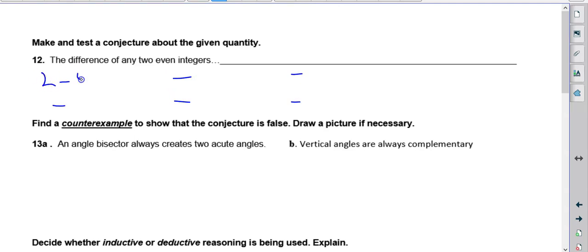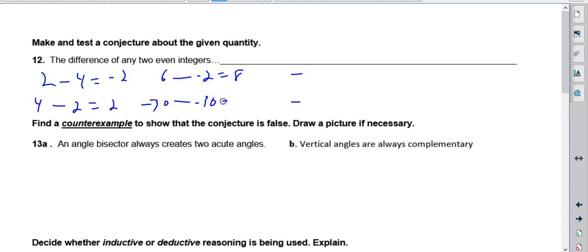So 2 minus 4, those are both even integers, is -2. 4 minus 2, let's just flip it, equals +2. 6 minus -2, well, that would become plus, so that's 8. -30 minus -30.